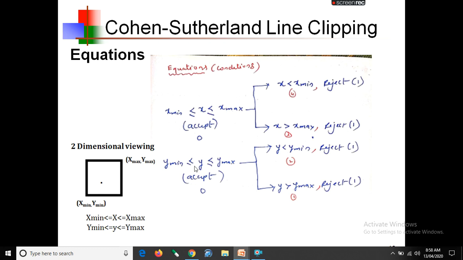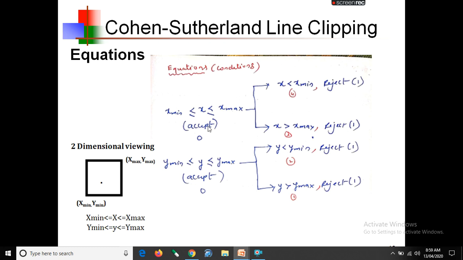And the y coordinate value should be greater than or equal to y minimum and less than or equal to y maximum. Then I can say that the y coordinate value of point P lies within the clipping window. When both the x and y coordinate values lie inside the clipping window, then we need to accept that endpoint. Accept means it lies inside the clipping window.